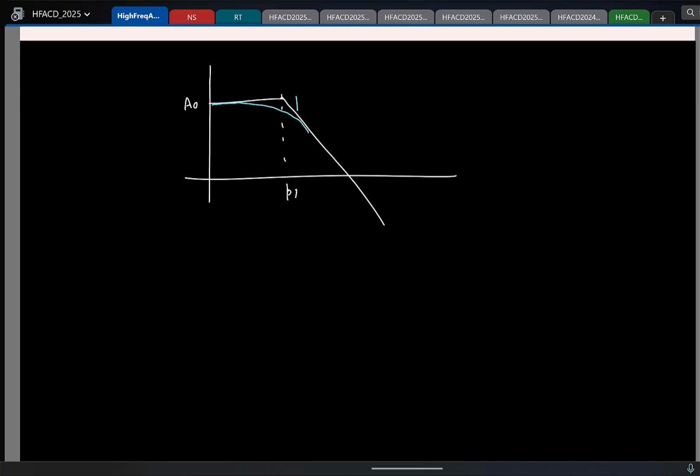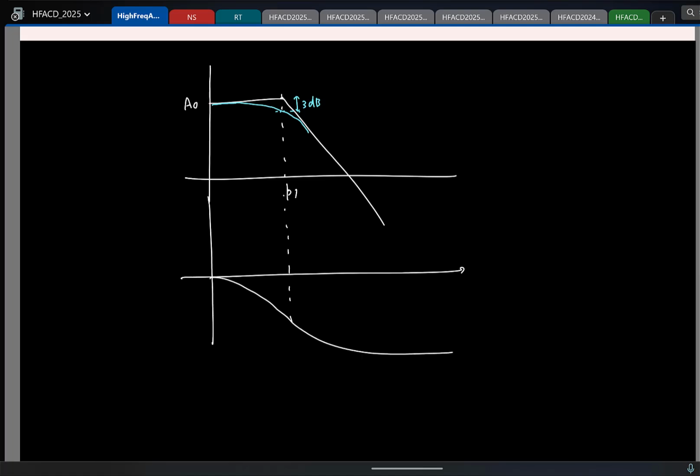And what is this drop around at P1? 3 dB, you guys know. But now let's say I sketch the phase plot. At the pole frequency, what will be the phase? This will be at minus 45. Correct? So as you see now, if I want to see if I have a pole or 0 in a system, generally, only looking at the magnitude plot will not give you a lot of info, because the magnitude has dropped only by 3 dB.